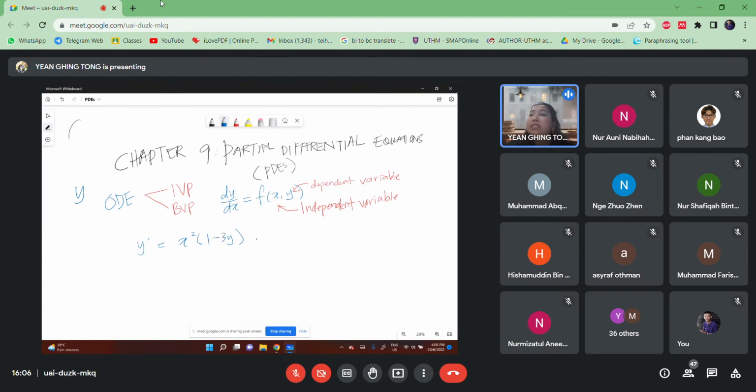And if let's say this is the initial value problem, that means the initial value is given when x is x0. For this ODE last time, we have independent variables, and the independent variable is only one.